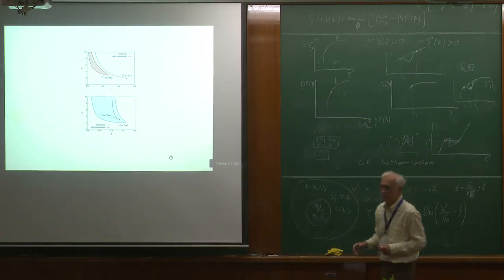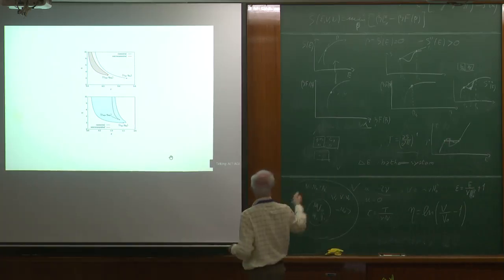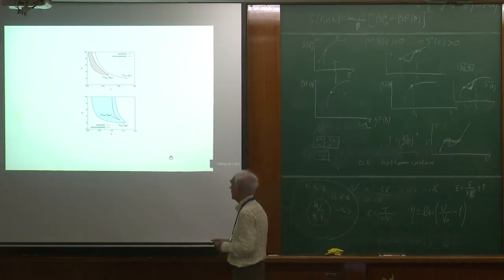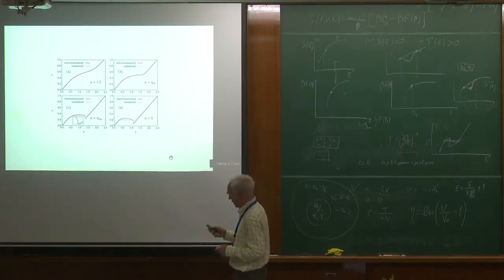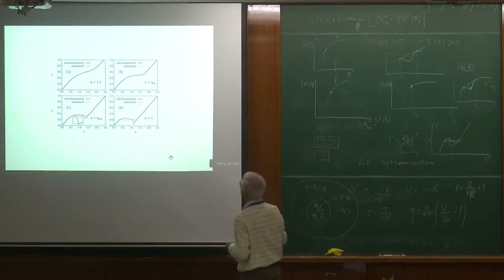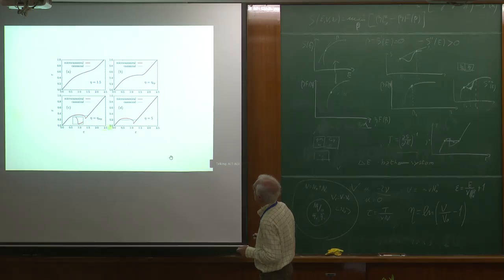So this very simple model already gives you all the ingredients that I was discussing in the general case. Here maybe I can show you just the last. You see, here there are all the ingredients together. You have temperature as a function of energy. In the microcanonical, the red one, you have this one.